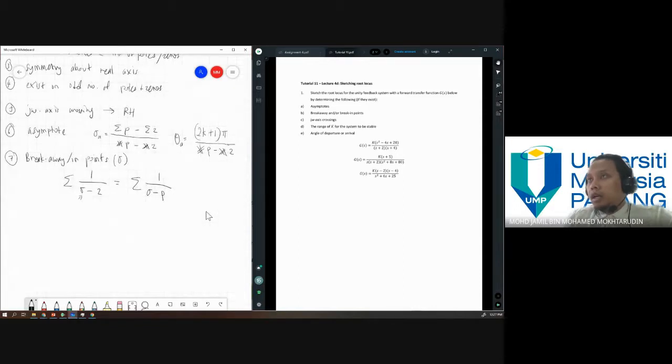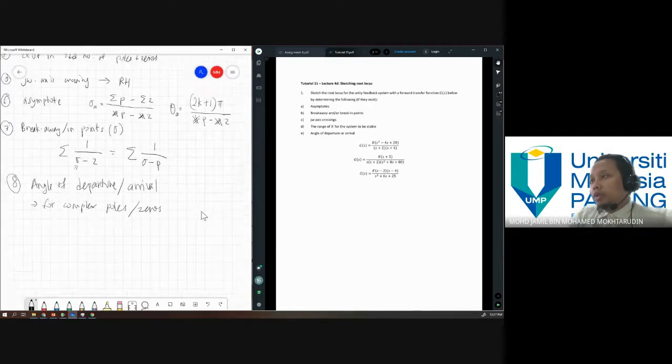And then rule number 8 is the angle of departure and arrival. So this is for complex poles and zeros.